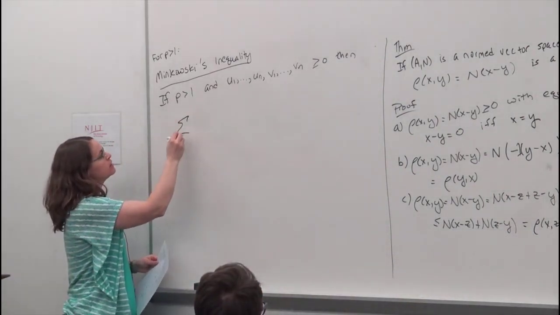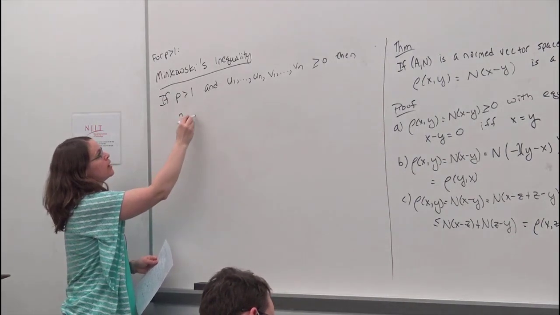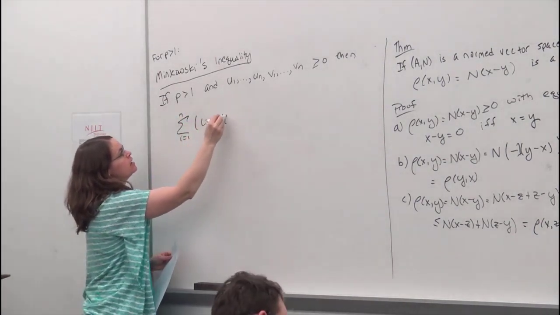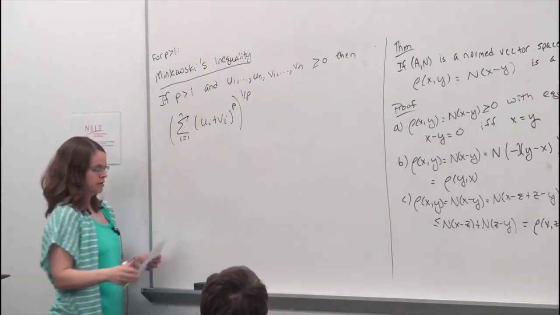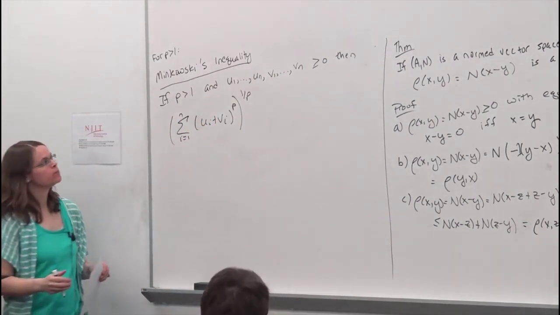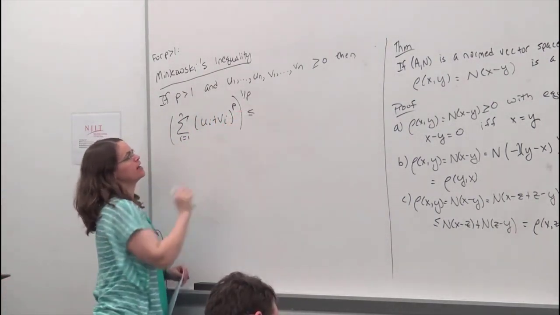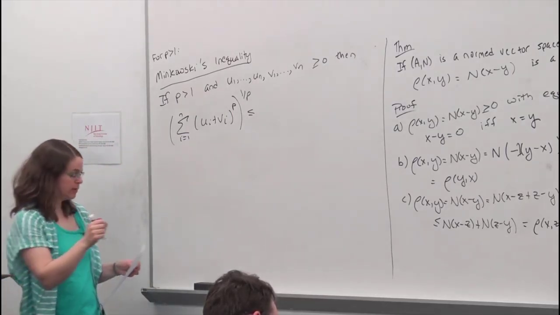Then, okay, ui plus vi to the pth power all to the pth root is indeed less than or equal to what happens if I split these up.